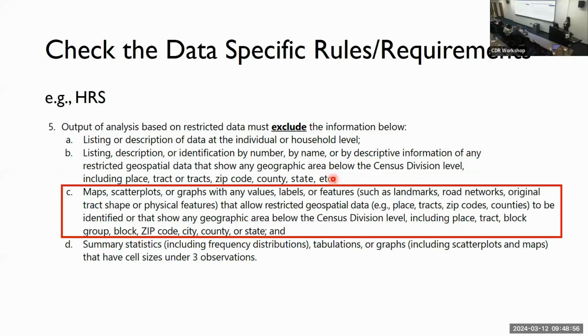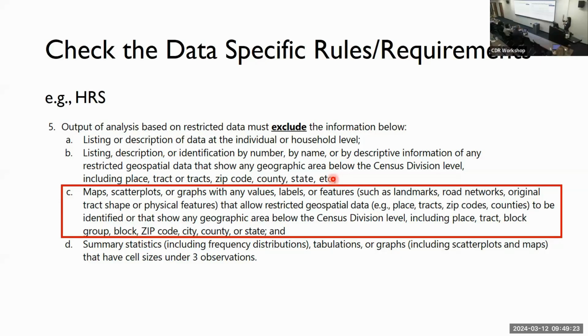And then I also want to emphasize that you should check the data-specific rules and requirements. So here, I brought the HRS example, and it clearly mentions that you should not make maps, scatter plots, or graphs that allow geographic geospatial data to be identified or that show any geographic area below the census division level.